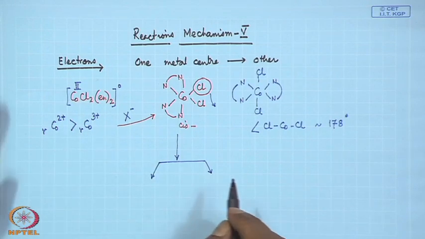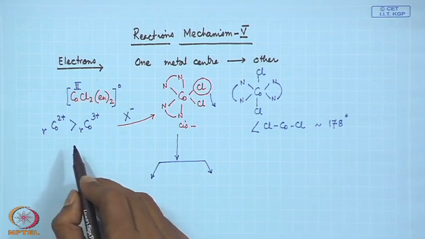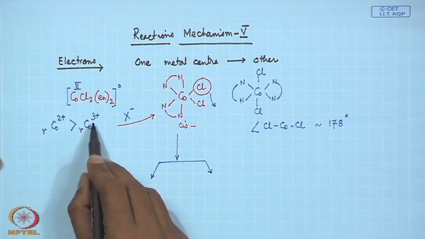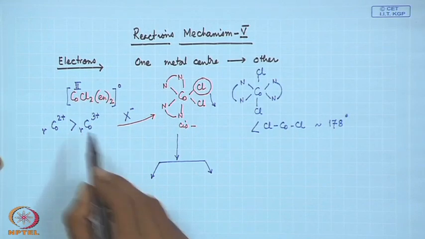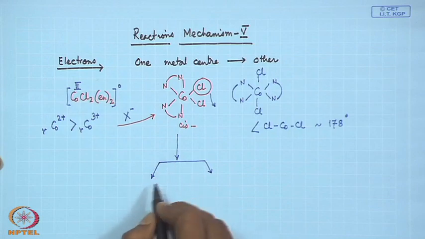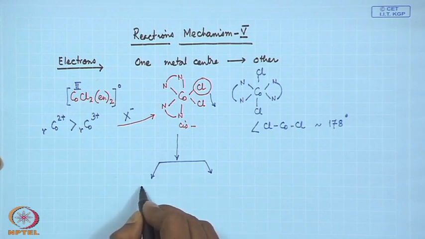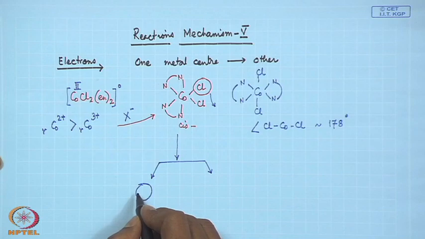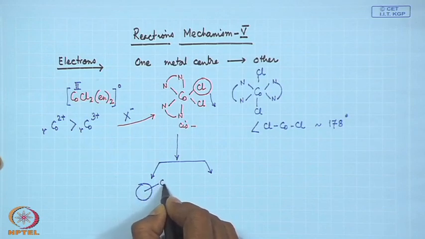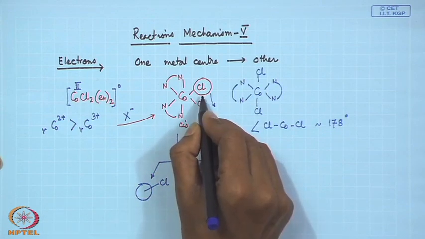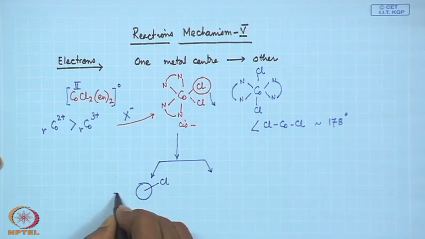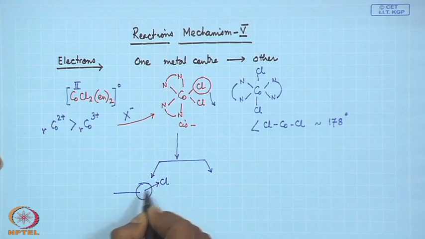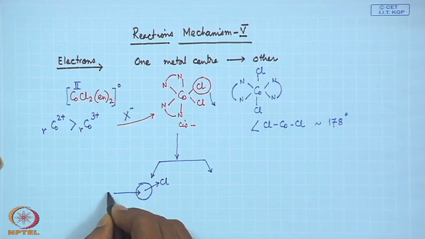So, the atomic or ionic radius for cobalt 2 plus will be higher than that of cobalt 3 plus. So, we expect that the size of the atom can accommodate something, that means this Cl can go away and our incoming X is coming to attach to the cobalt center.